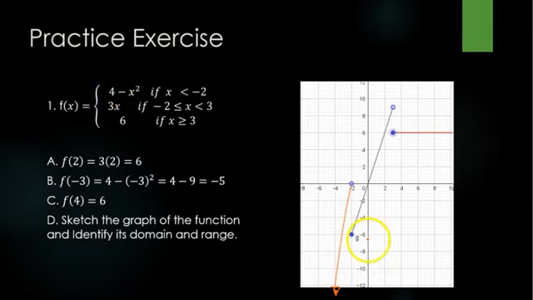So how do we sketch the graph? This is for y equals 3x. You're going to substitute x with negative 2 and 3. So that's negative 6, and then the y coordinate would be 9. You're going to plot this.